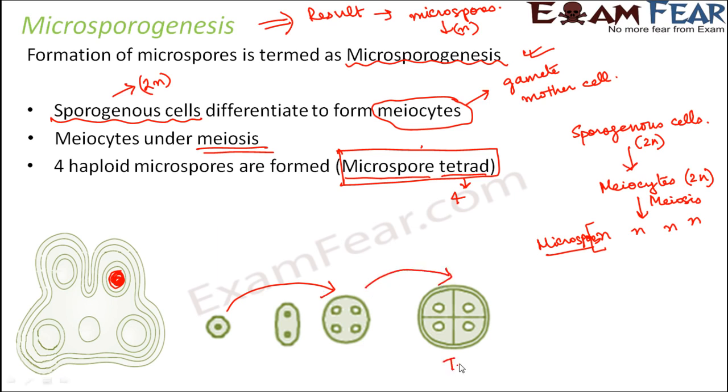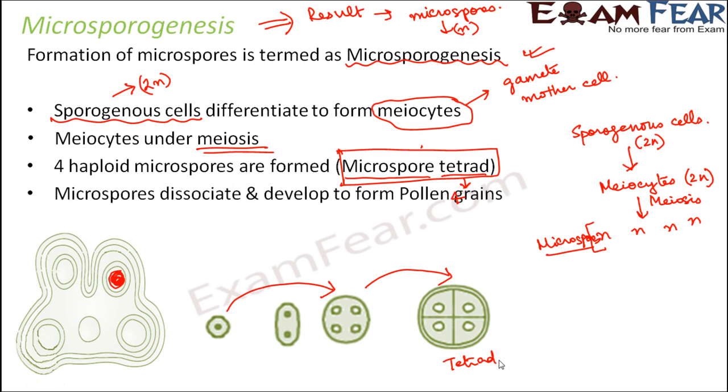This is how the tetrad will look. But again, with maturity, they will dissociate to form 4 separate cells. They will not remain attached together always. As they mature, they will get dissociated from each other, and then these will later develop to form the pollen grains. Now how that development into pollen grains takes place, let us try to understand that.